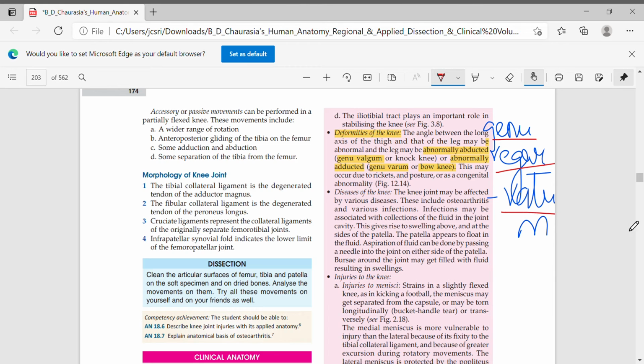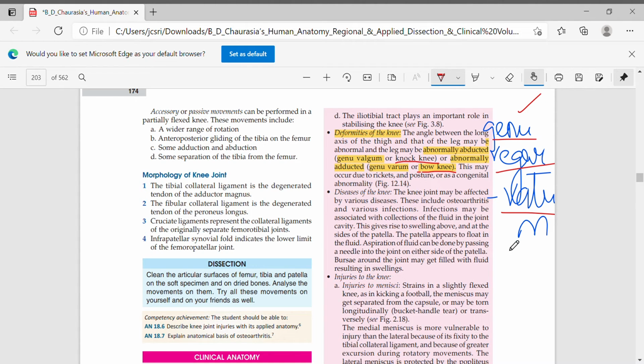That is very important. You should know about the three genu: varum, adduction, bow-leg; valgum, abduction, knock-knee; recurvatum, hyperextension, abnormal extension.